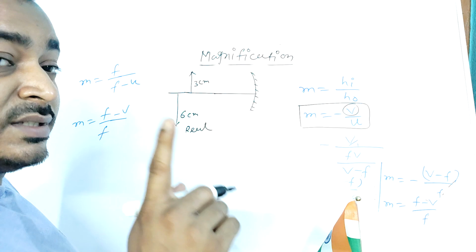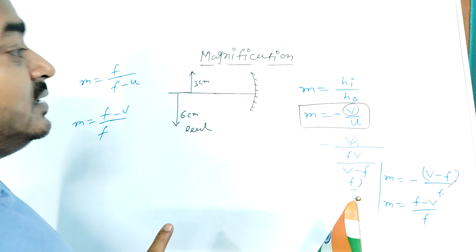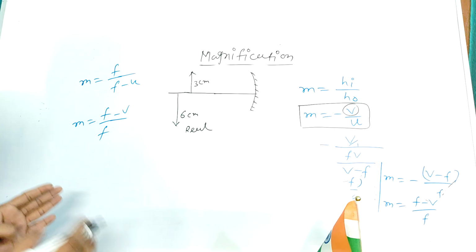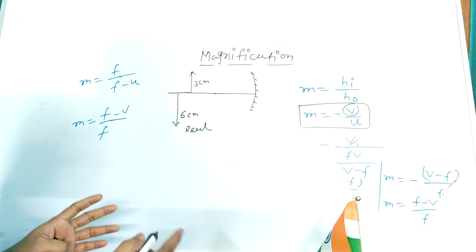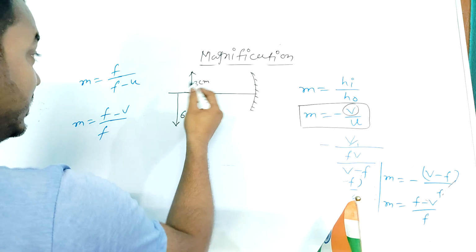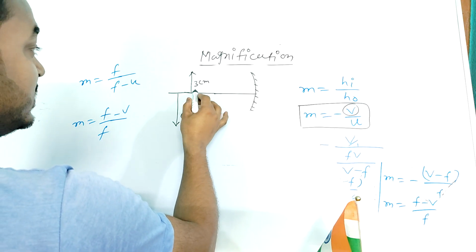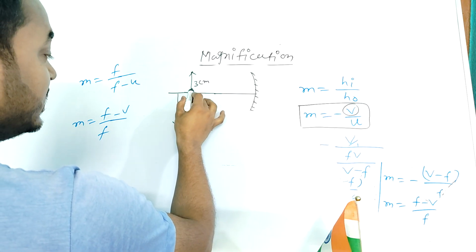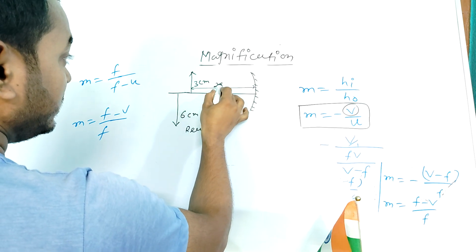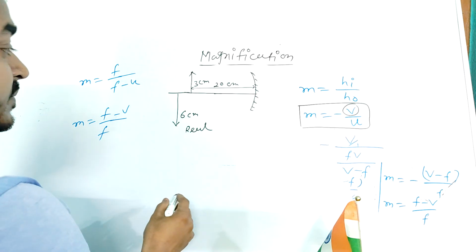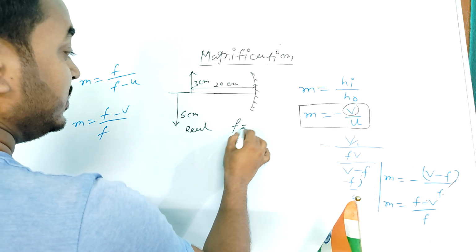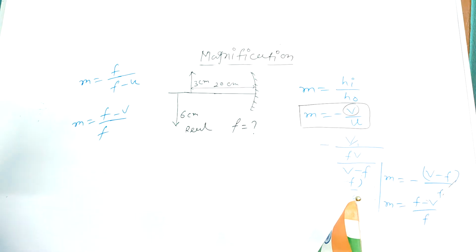Now the question is, if the object distance is given as 20 centimeter, from pole to the object, find the focal length of this concave mirror.